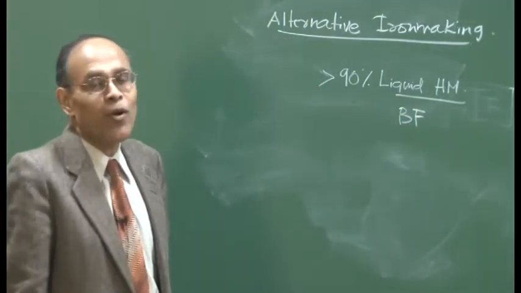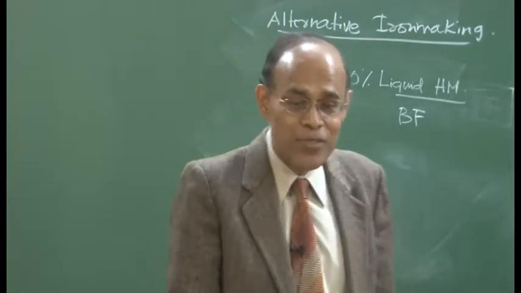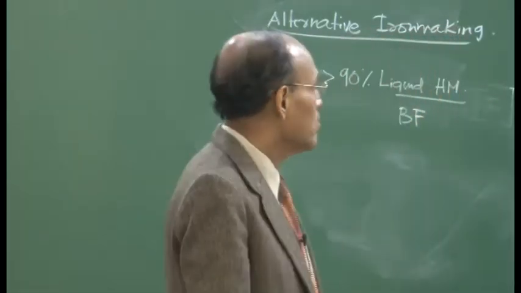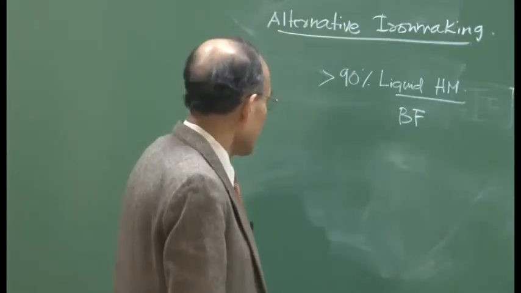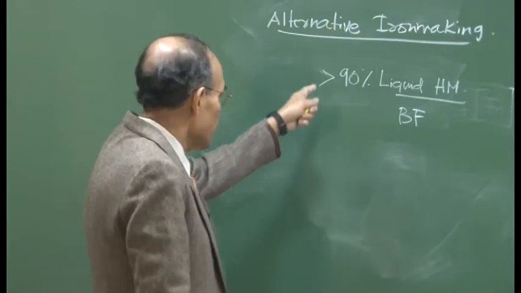All the steel, that 1.4 or 1.5 billion tons of steel that we produce, a bulk of it actually comes from the blast furnace itself. Not 90%, of course.